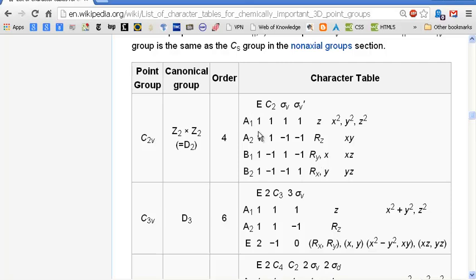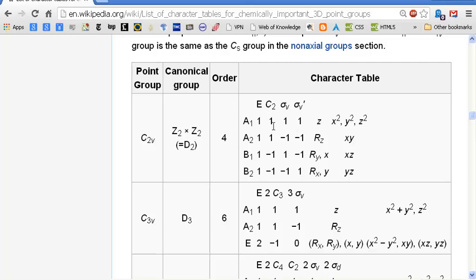We just look up in the character table. Now here, each one of the irreducible representations is a row going across, that's how we represent, like, z is represented in C2V symmetry as ones going across here. So no matter what operation you do, you always get the same thing.